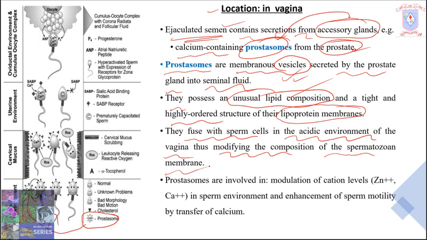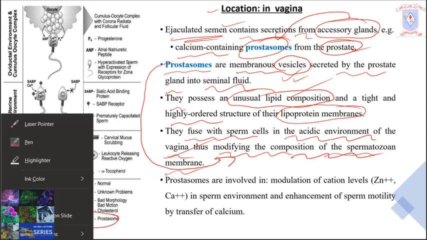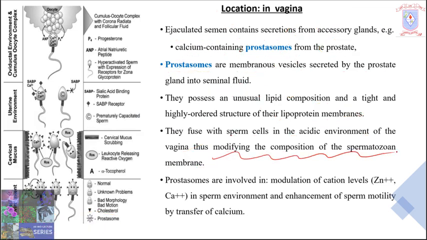How do they get activated? They are activated because of the acidic environment of the vagina. Once these prostasomes get activated, they modify the composition of the spermatozoan membrane.